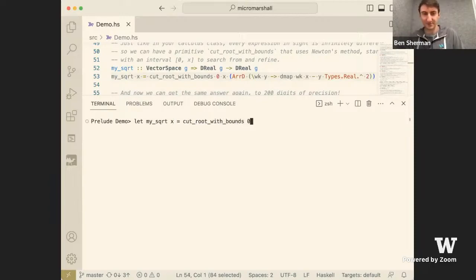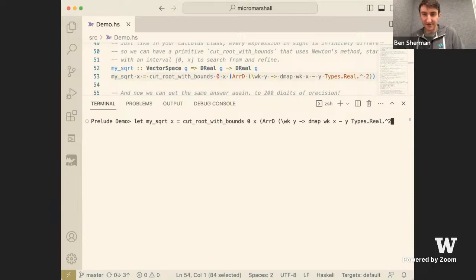So it says do Newton's method. I want some number between 0 and x. I know the square root of x is between 0 and x. And then I'm going to say, well, root finding of what function? So find some function when it's equal to 0. And so what I'll just do is x minus y squared.